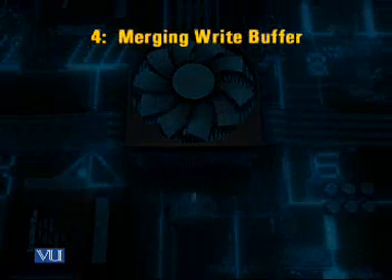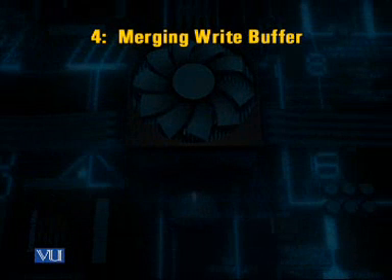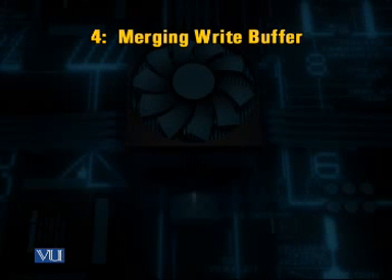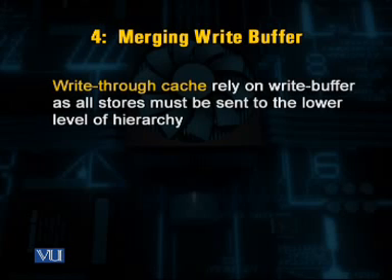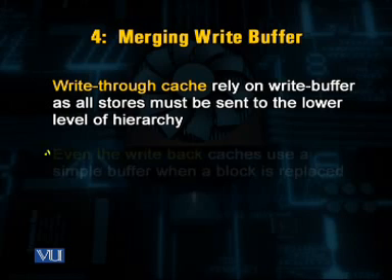Now, with this much discussion on the third technique, let us consider the fourth method to reduce the miss penalty. The fourth method is referred to as merging the write buffer. Here, we know that the write-through cache relies on a write buffer, as all stores must be sent to the lower level of the hierarchy.